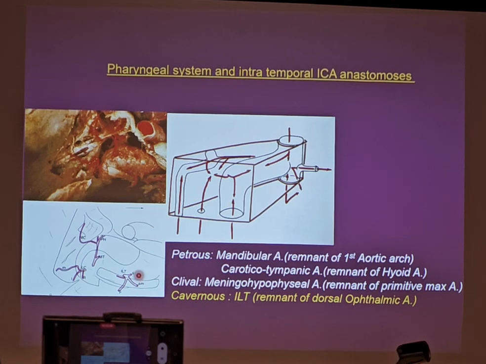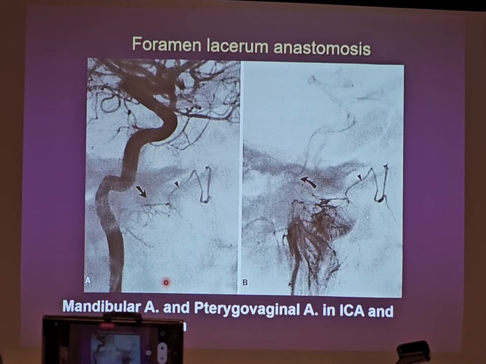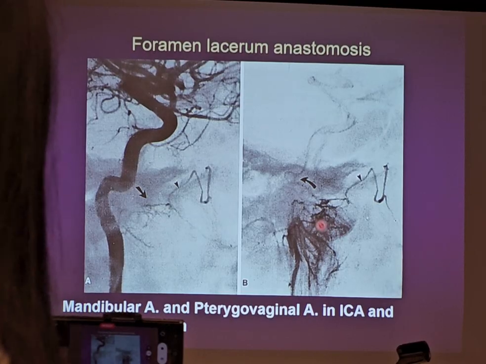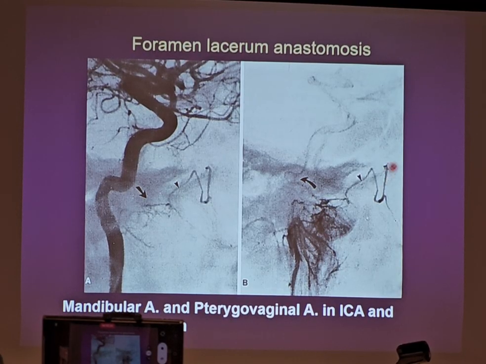And these are the three main groups of the arteries that can make the connection between the ascending pharyngeal and the internal carotid artery. This is what you see when you inject the superior pharyngeal branch, the pharyngovaginal, and it goes back to anastomose with the internal carotid artery.